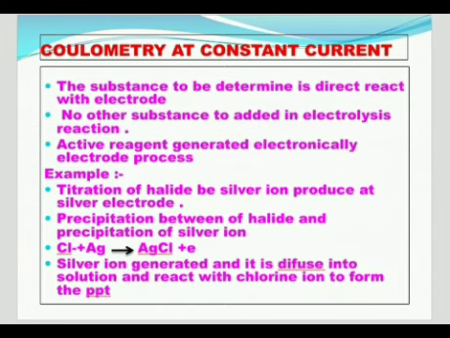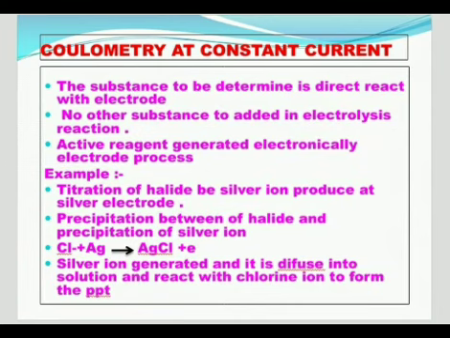For example, for the determination of chloride ions, silver is generated from the silver electrode, and there is no addition of silver nitrate as in regular titrations. In regular titration, we add AgNO3 to the chloride solution to form the AgCl precipitate. Here the Ag is generated from the Ag electrode.